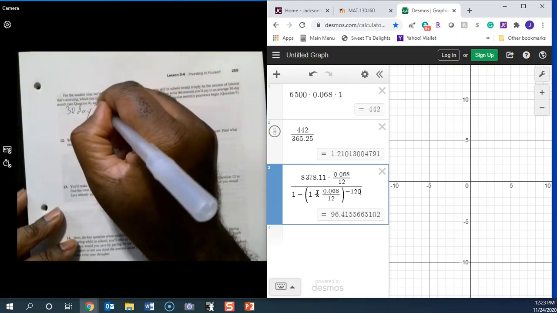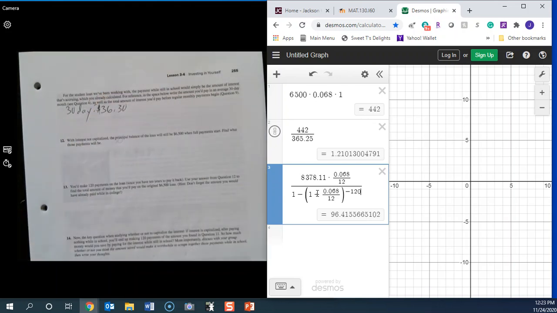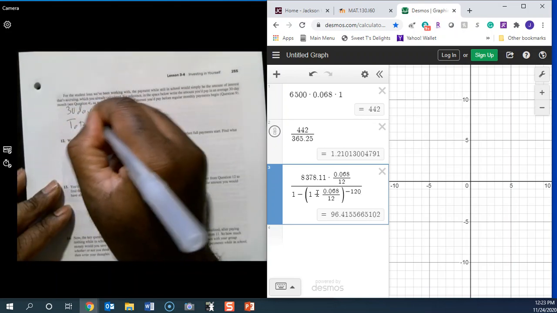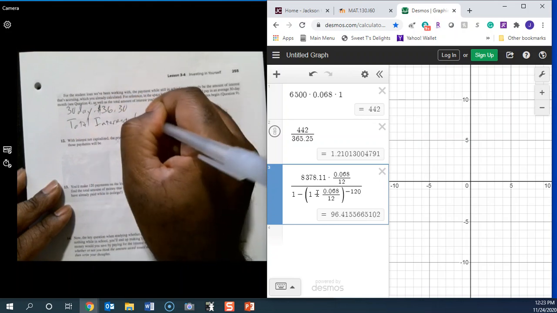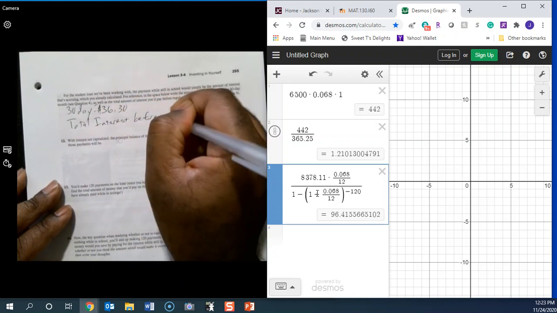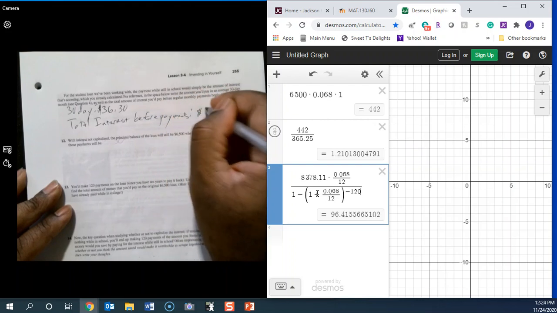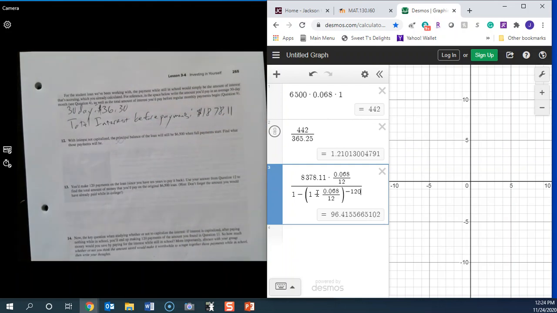And we know the interest for 30 days is $36.30, which we got on the other page. And then we have the total interest before payments. Total interest before payments is $1,878.11.